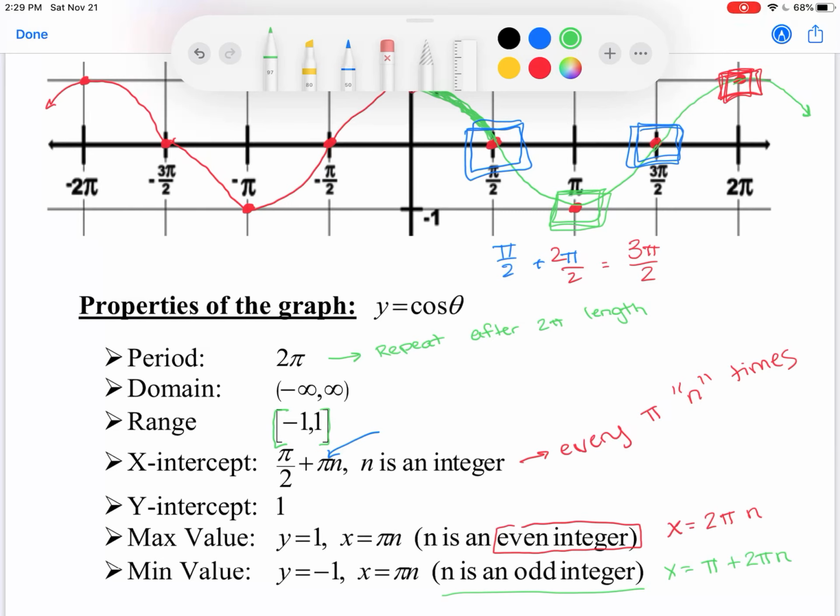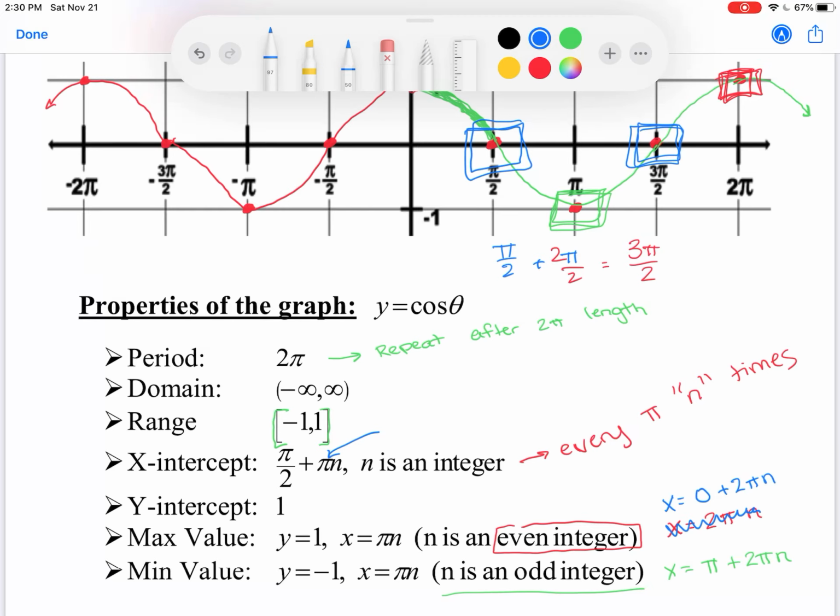So instead of saying this odd integer portion, I might say x is going to happen on your minimum value at pi plus every 2 pi n after that. So start with what it starts at, and then add your period after that.